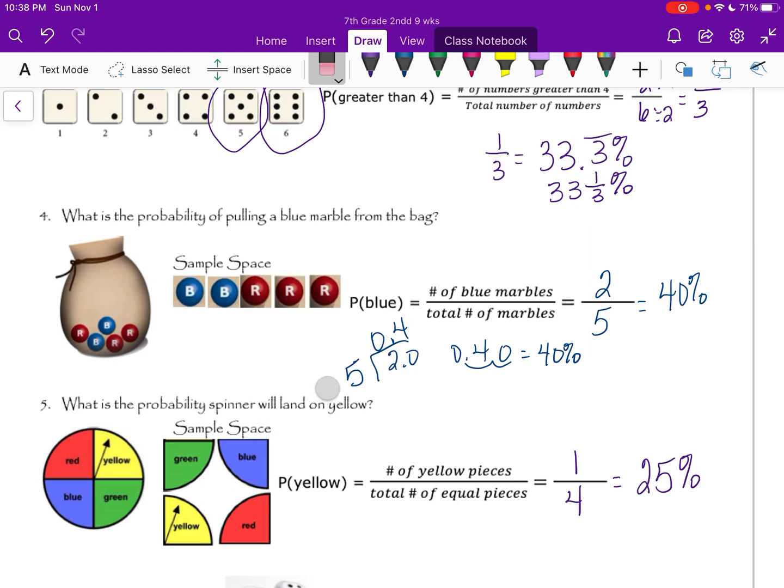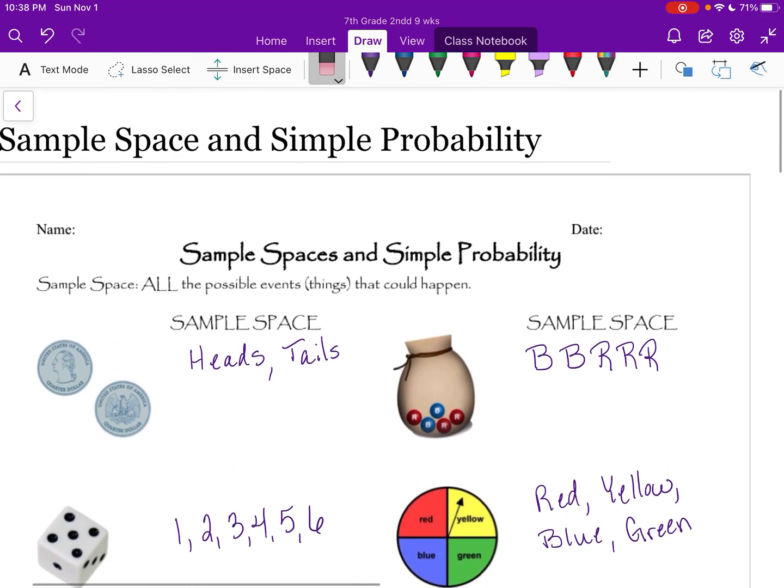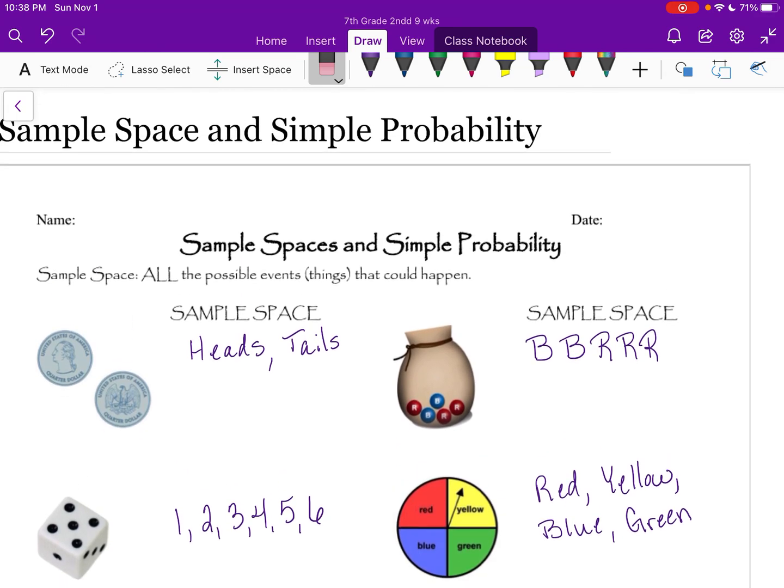So when you're finding simple probability, you just use whatever's happening to figure out the probability. Now, we will use sample spaces later for compound probability, and we will need it, we can't just look at it, we actually have to do something. Okay? All right, so that was sample spaces and simple probability. That's our introduction. You're going to love probability. It's a fun one, I think.